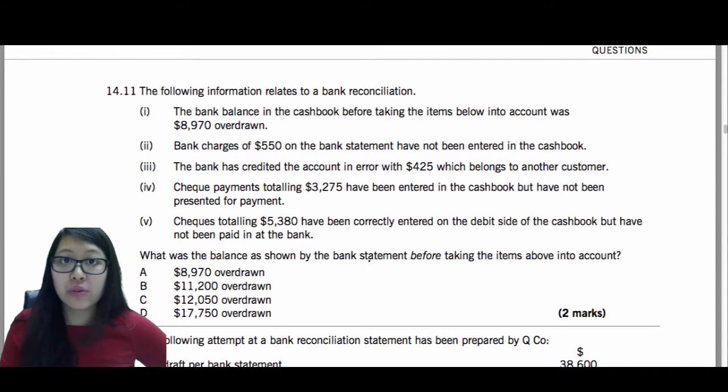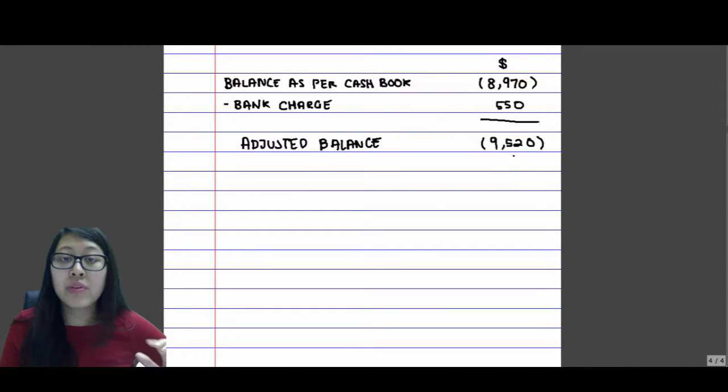So if you go back to the question, they're asking us, what was the balance as shown by the bank statement before taking the items above into account? So they're asking us for the before bank statement balance. What we have found here is the after bank statement balance. Because this is adjusted for, and if the cash book already has an adjusted balance, we can assume that the adjusted bank statement balance will be the same because in theory they should be equal.